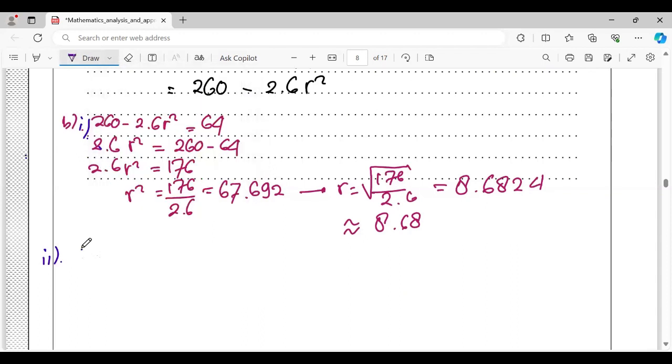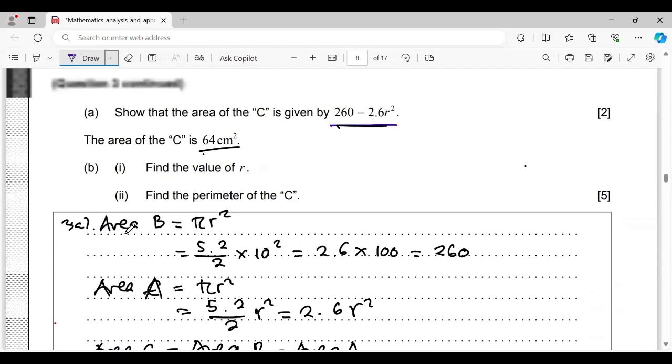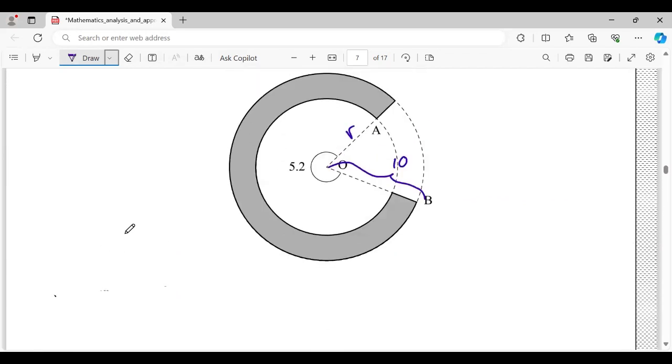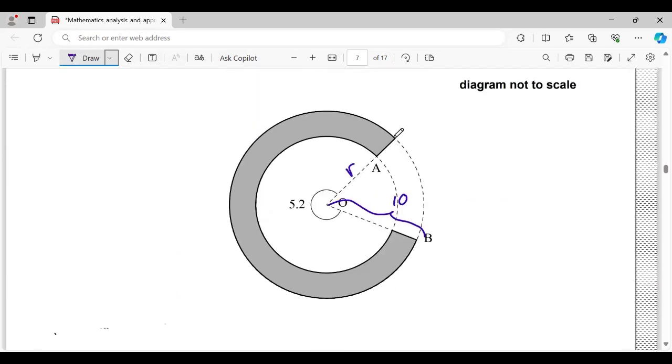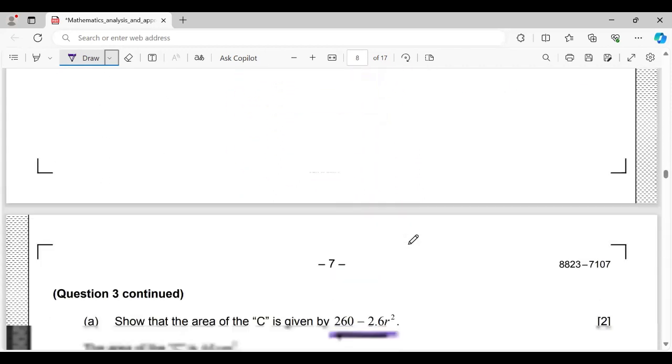Arc B is at the outside, and arc A is inside. So arc B plus arc A plus this one plus this one. That's the perimeter.